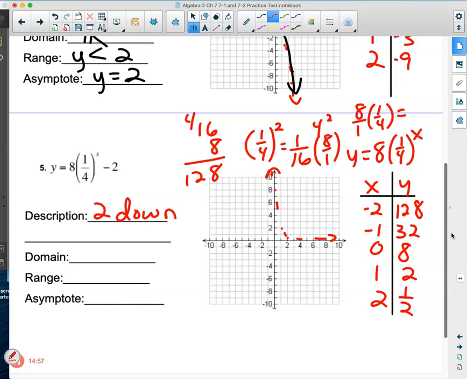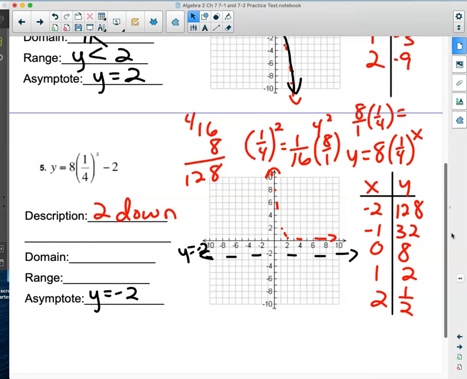So where's our new asymptote going to be if we have to move the whole thing 2 down? Yeah, -2. Y equals -2. Might as well put that in the slot. So all we have to do is take our parent function and move it 2 units down.